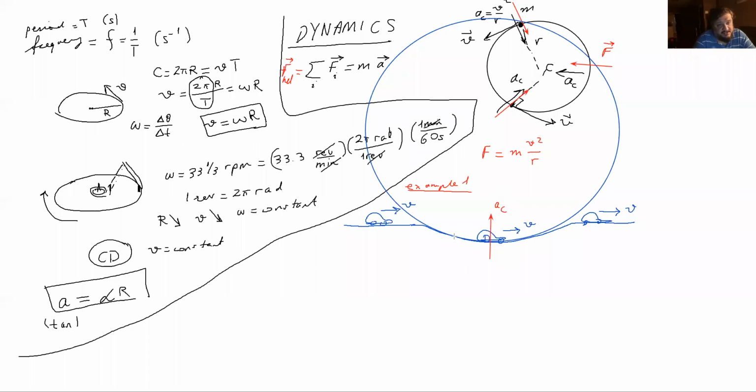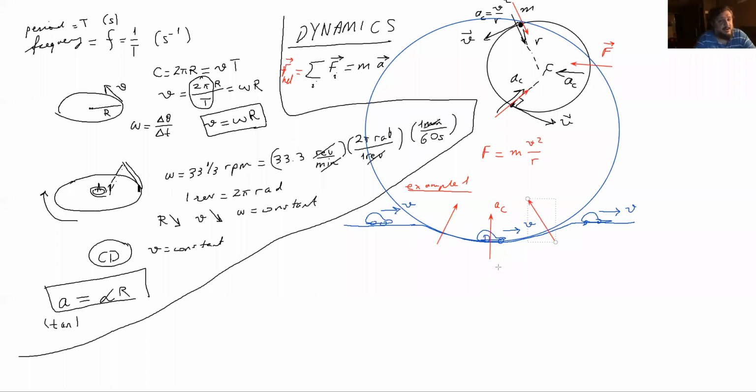This acceleration over here will be this way. Here it will be that way. They have to point to the center of the circle. All right, but I'm interested in here at the deepest point of this ditch. Now, if there's acceleration, according to Newton's second law, there must be force. Right? There must be a net force.